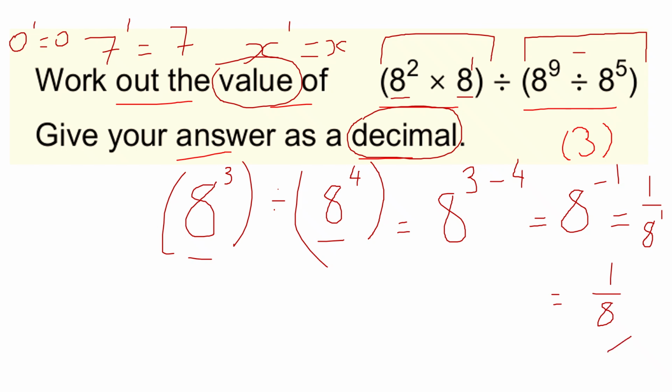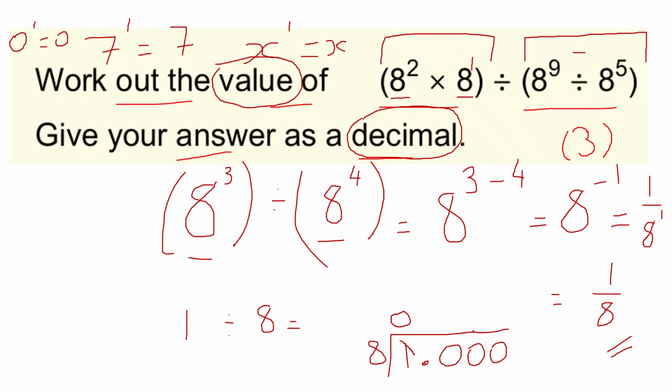That's obviously our fraction. To decimalize it, we're going to do 1 divided by 8, and because it is a non-calculator question, we're going to use our bus stop method. So I'm going to do 1, and put 0.00, a couple of zeros, and divide it by 8. 8 into 1 I cannot do.